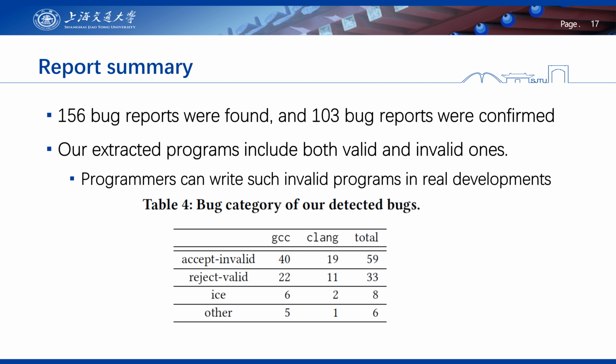As we introduced before, existing tools removed all invalid programs. As a result, they cannot find this type of bug. However, our study shows that in real development, programmers can write such invalid programs. As a result, invalid programs are useful. In summary, our results show that our research idea is quite effective.